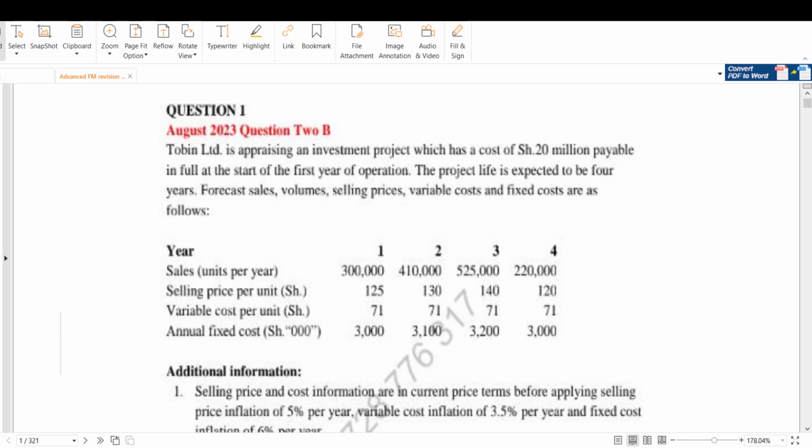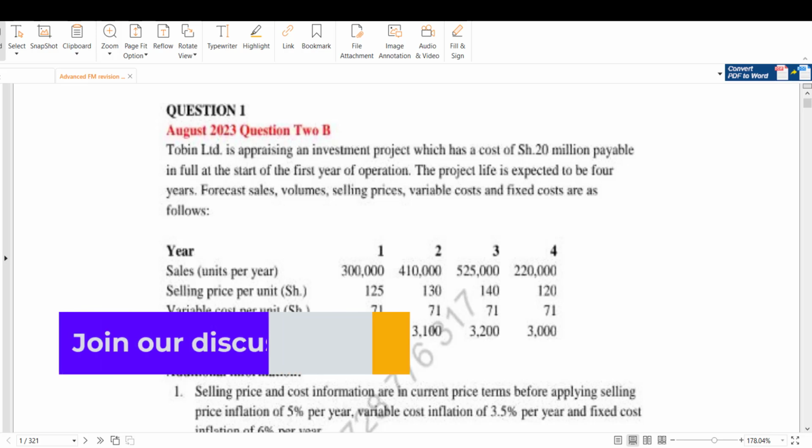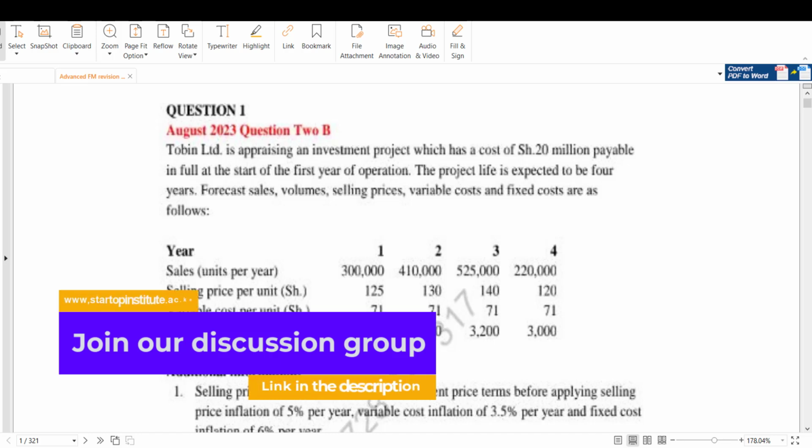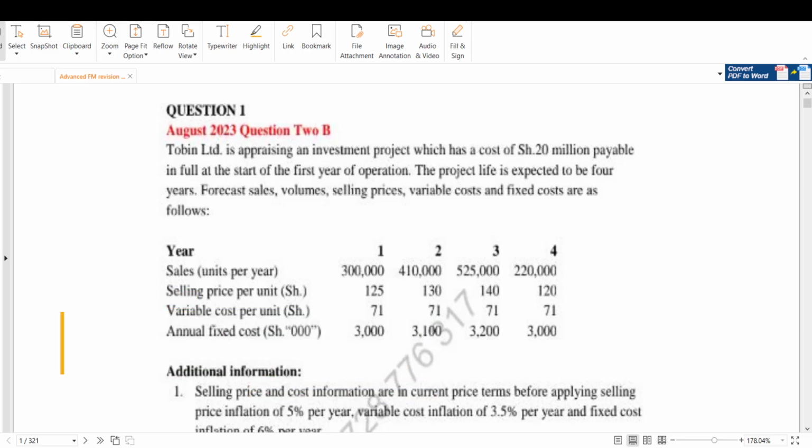So we are given the sales in units for year 1 all the way to year 4, the selling price per unit in shillings, the variable cost per unit, and the annual fixed costs from year 1 all the way to year 4.